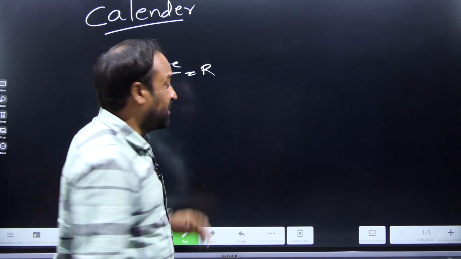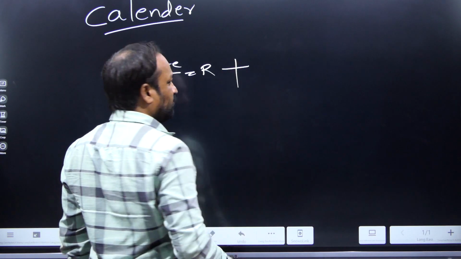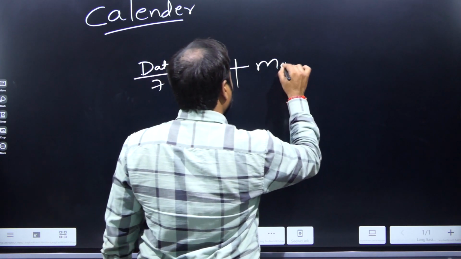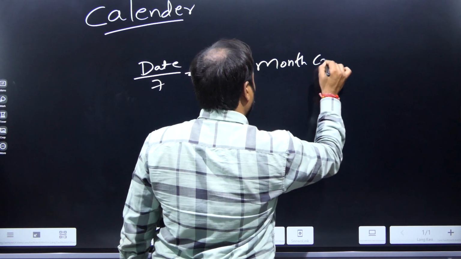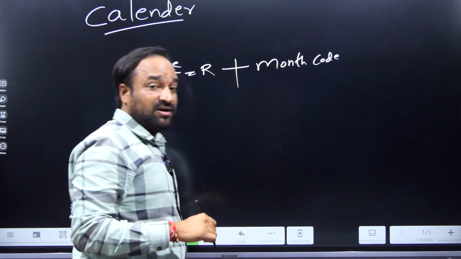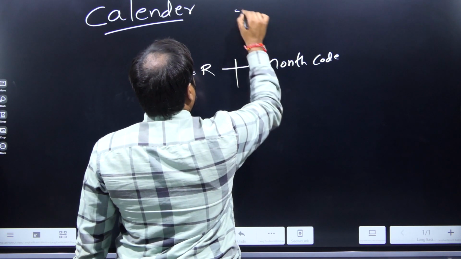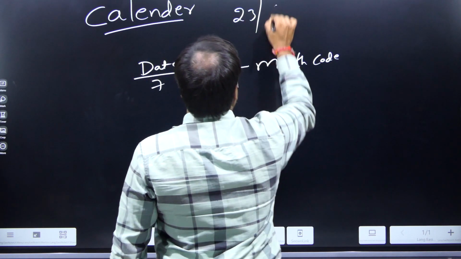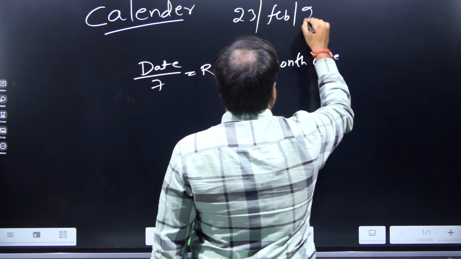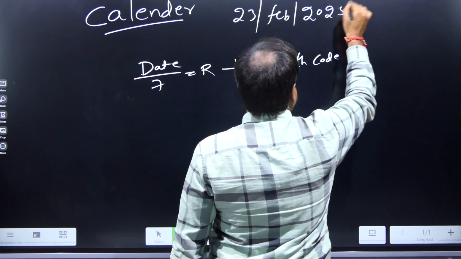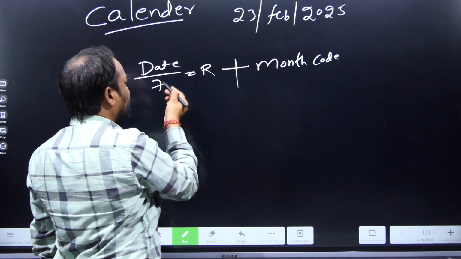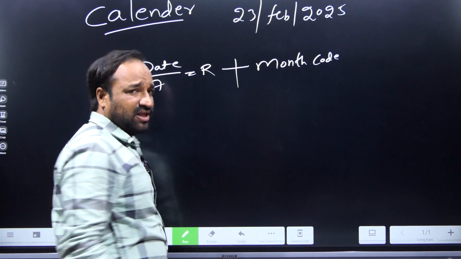That means the date concept is completed. Next, I consider the month code, for example for 23rd February 2025. First the date should be divided by 7 and we consider only the remainder.